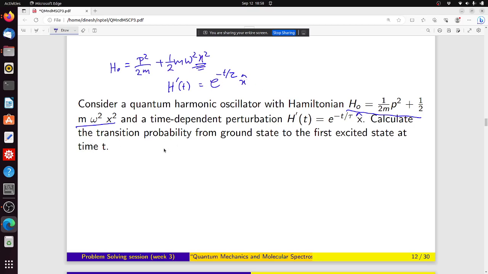Then calculate the transition probability from the ground state to the first excited state. So can you tell me the energy eigenvalue for this harmonic oscillator system? What will be this energy eigenvalue?